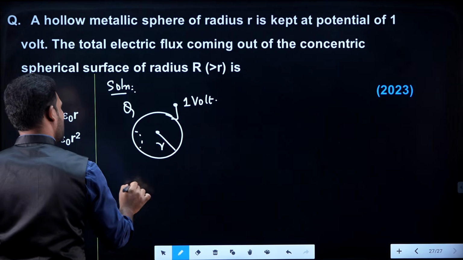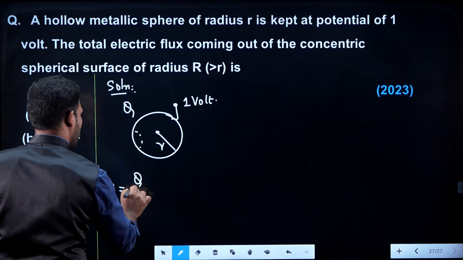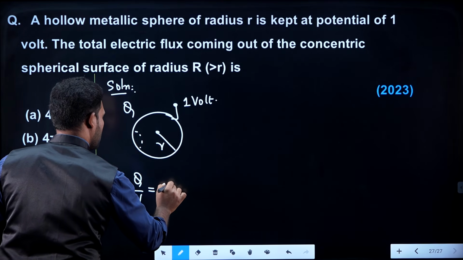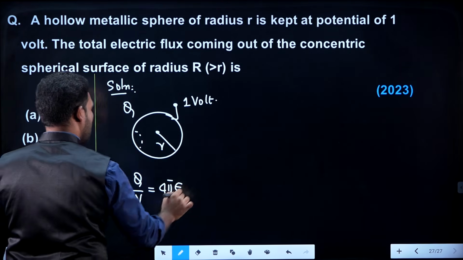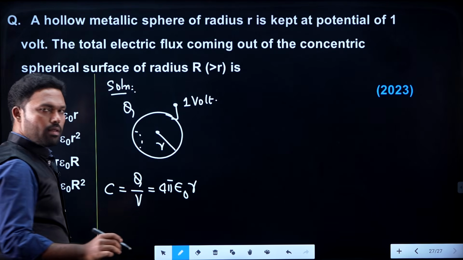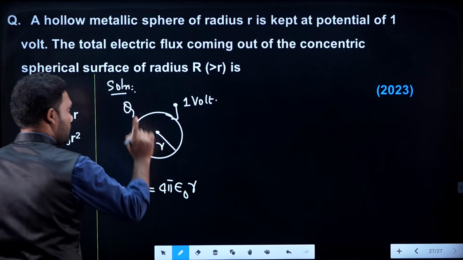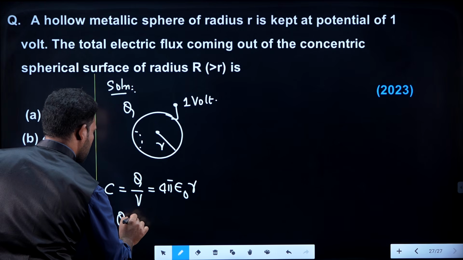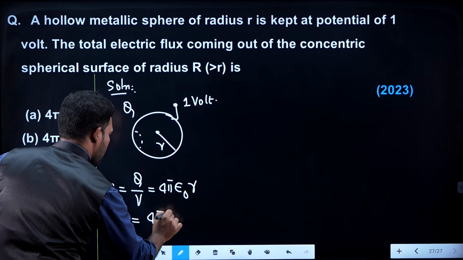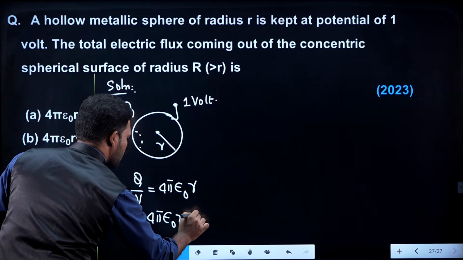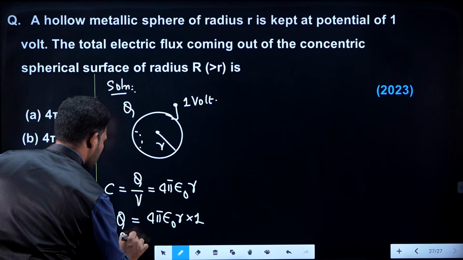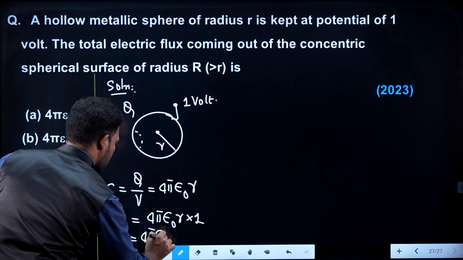What is the charge induced on this? C is equal to Q by V, which is equal to 4 pi epsilon naught r. The potential is 1 volt, so this becomes 4 pi epsilon naught r into 1, 4 pi epsilon naught r.